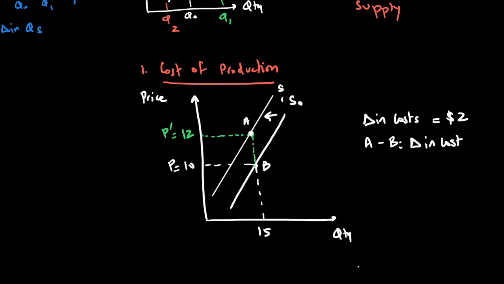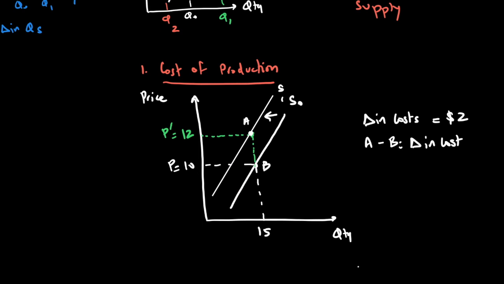And there are two ways to look at it. Number one is that for the same quantity, the firm is now incurring more cost and therefore charging a higher price, or for the same price, the firm's ability to produce let's say 15 units has gone down. Probably now they're going to make less, let's say 12 units or 13 units or something like that.